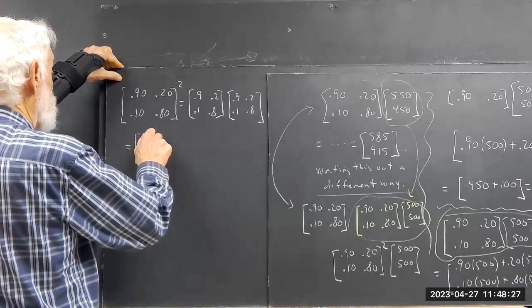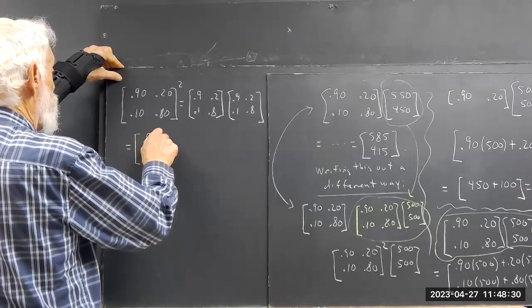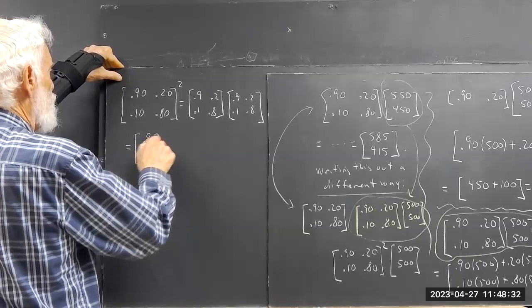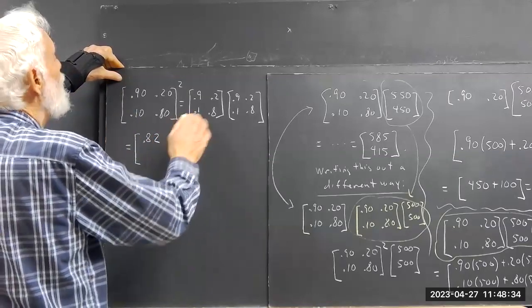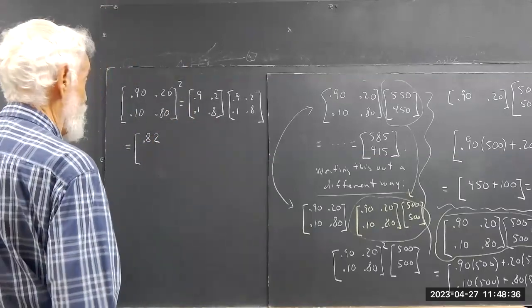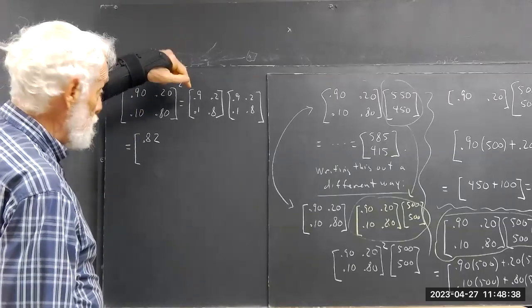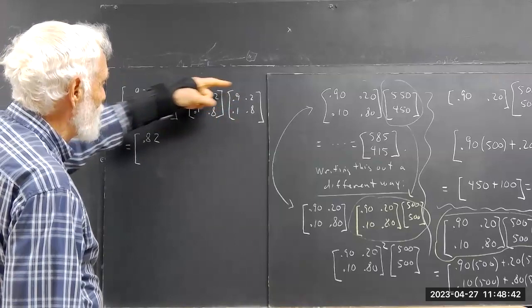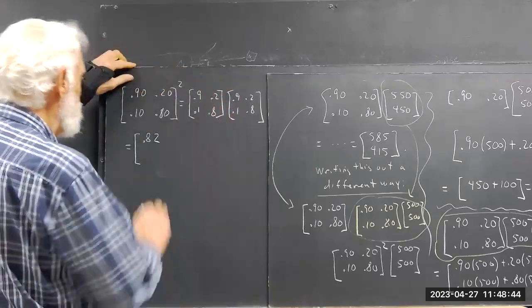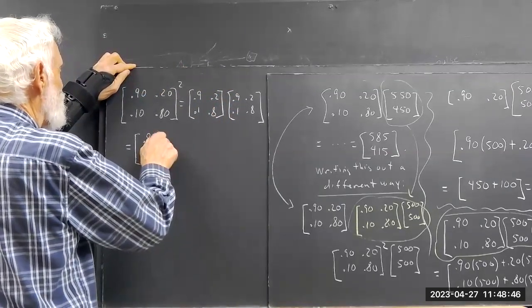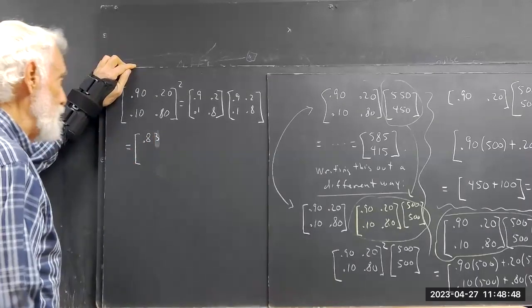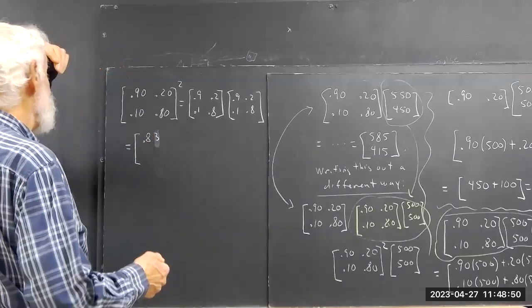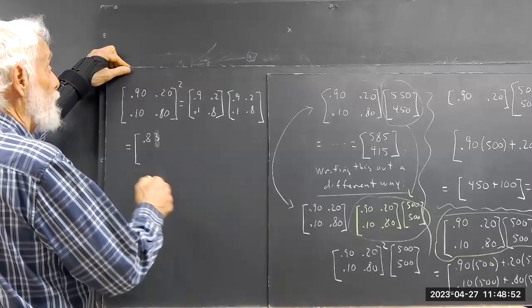I get 0.82. No, so that was really going ahead. 0.2 times 0.1, right? 0.9 times 0.9, 0.2 times 0.1. Comes out 0.83. Okay. No excuse for that.